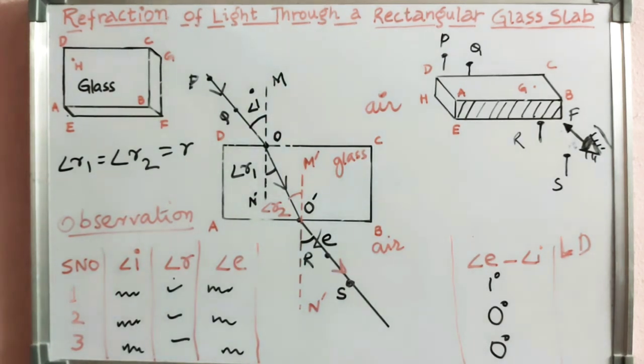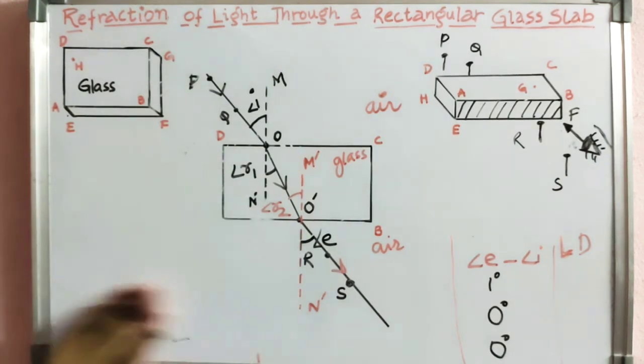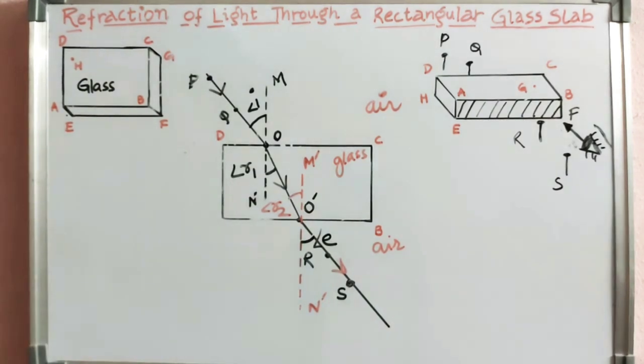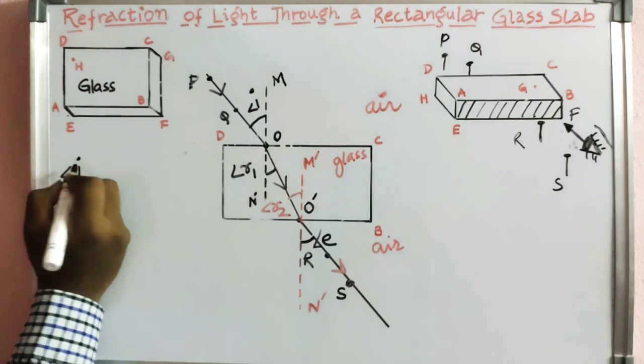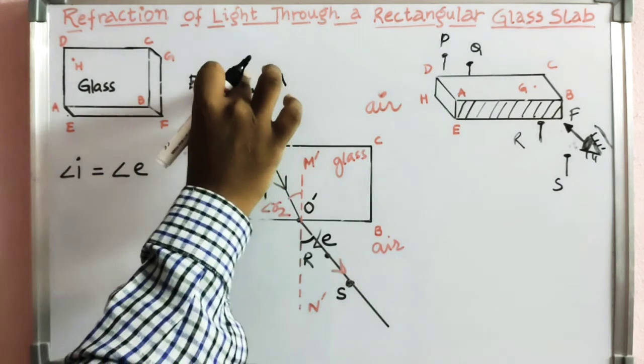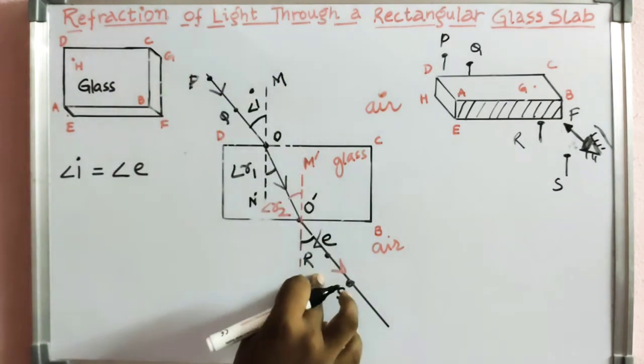So this is your observation table. So what are the results? Let us discuss about the results. Number 1. You will find that angle of incidence is equal to angle of emergence. So if you take 30 degree, here 30 degree. If you take 45 degree, here 45 degree.